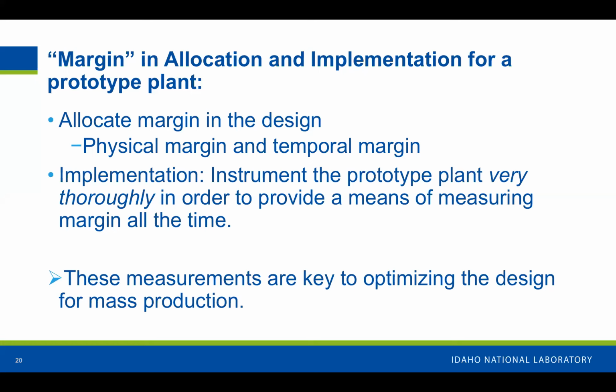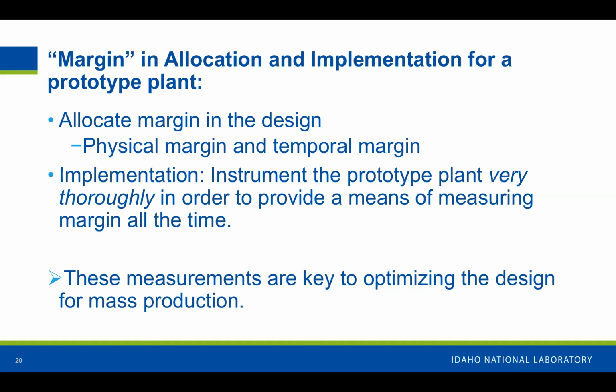And in EBR2, one sense in which it was over-designed is that as sensors failed in the high radiation environment of the core, they had enough redundancy in the sensors and enough margin in the plant that they knew they didn't have to worry about it. So, that was a sort of two-pronged occurrence.